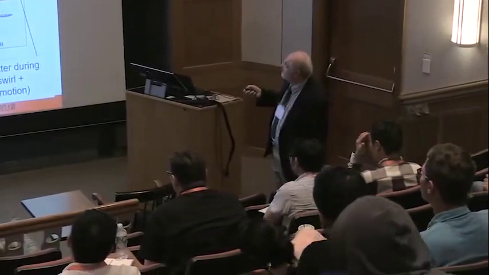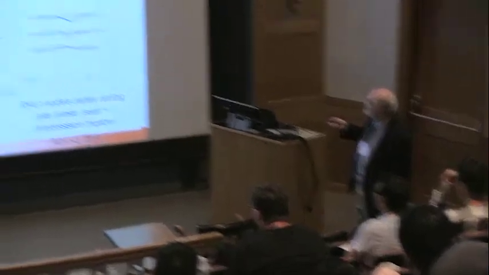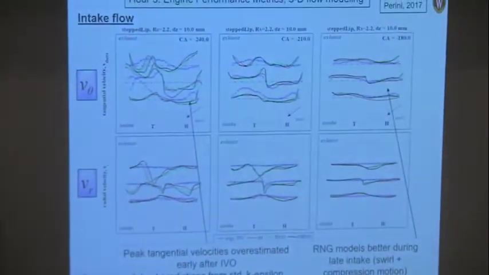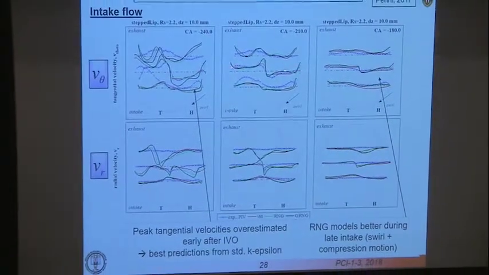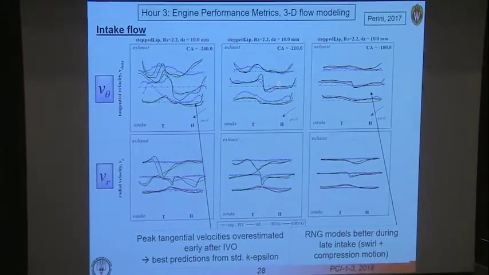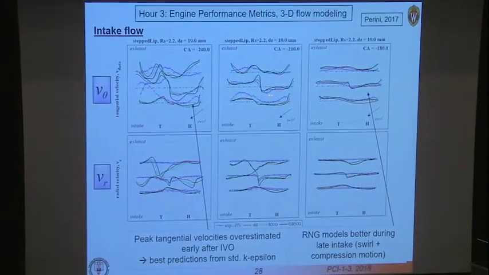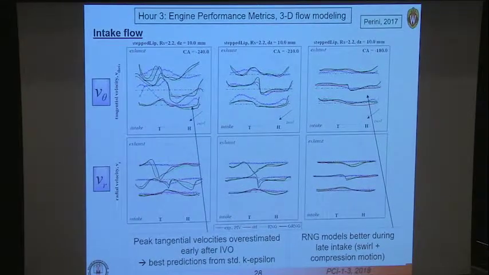So the experimental PIV, let's just take one of these cases here. This one, for instance. At this location, which is kind of along the diametral plane in the engine, you see flow going down on this side. The velocity, these are velocity measurements, right? Tangential velocity. Flow going down on this side of the engine and flow going up on that side. So that's a swirling flow. And you see the models and the experiment do reasonably well, right?